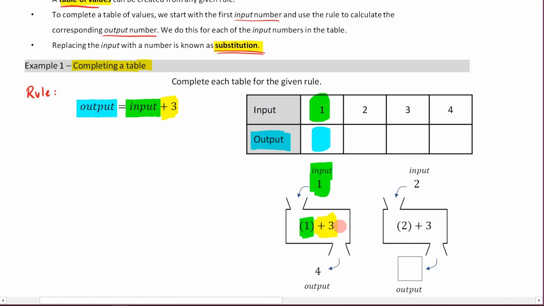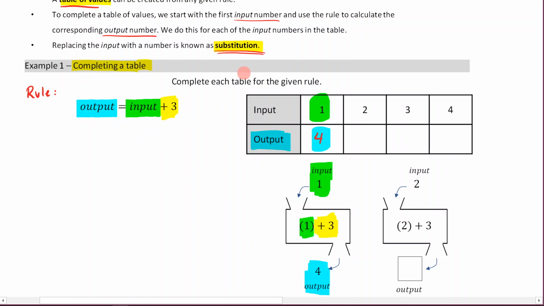So we're going to get 1 + 3. And 1 + 3 is 4. So that means 4 is our output. So just like a real machine, a real machine has an input and an output. Well, so too this. We have our input, which is 1. We put our input into our rule, and we get out our output, which is 4. So that means that right here is going to be 4.